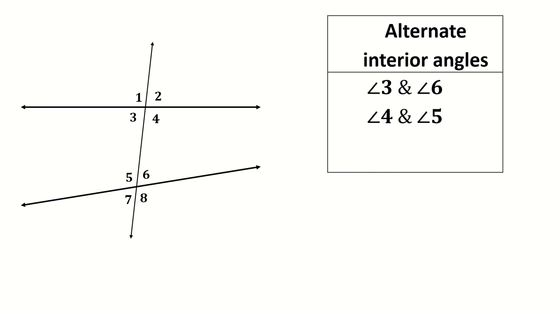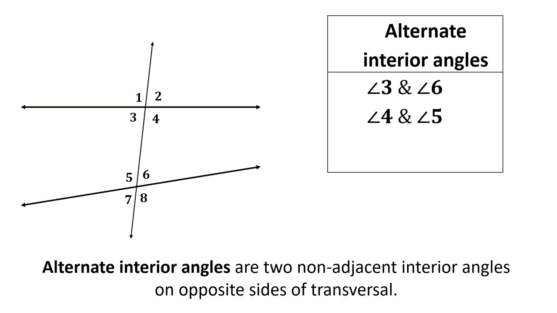The next one, or the second one, is what we call the alternate interior angles. We have here angles 3 and 6 as an example, and another example as angles 4 and 5. So pause this video and try to figure out how to identify whether the two angles are alternate interior angles. Okay, that's right.